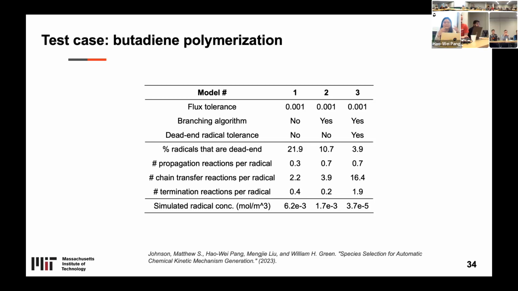But if you're starting with a seed mechanism, you can use a smaller value because you assume all the important core reactions are already there. That's the catch of thermo pruning. You have to know your system quite well. We should document that. Yeah, it's a dangerous one.